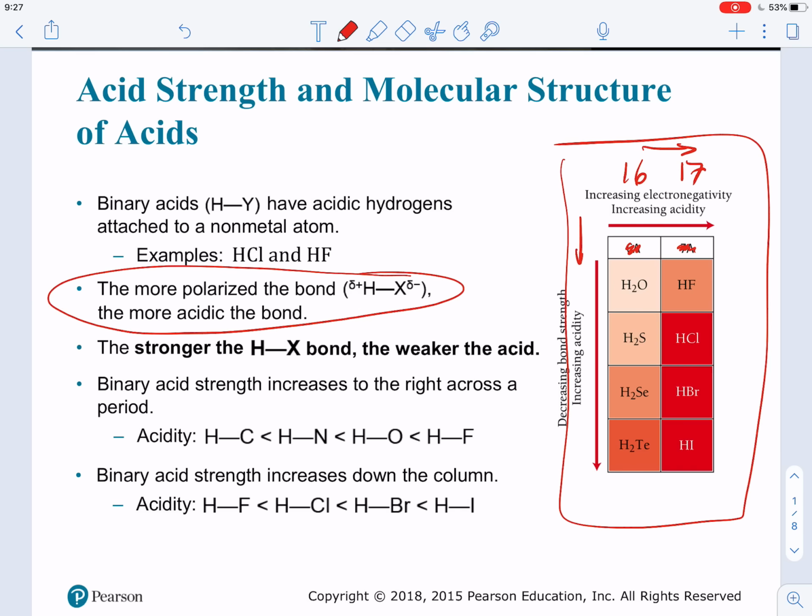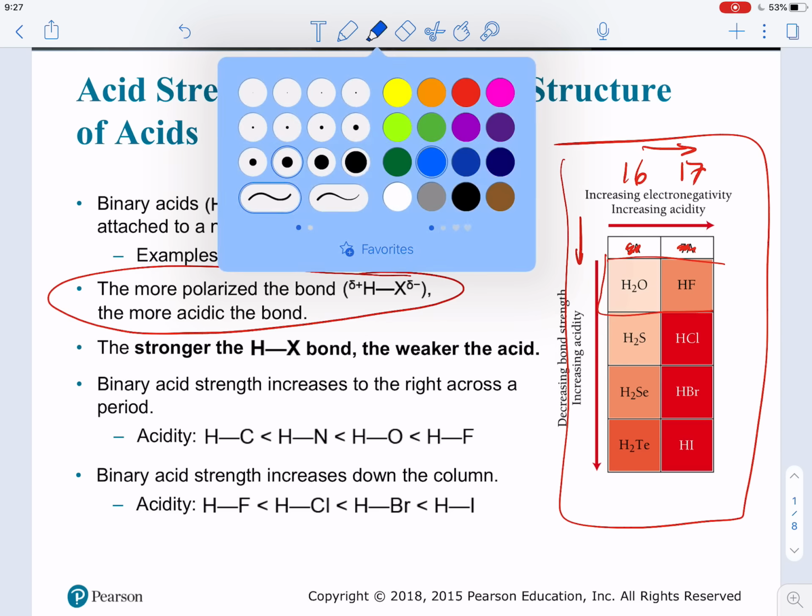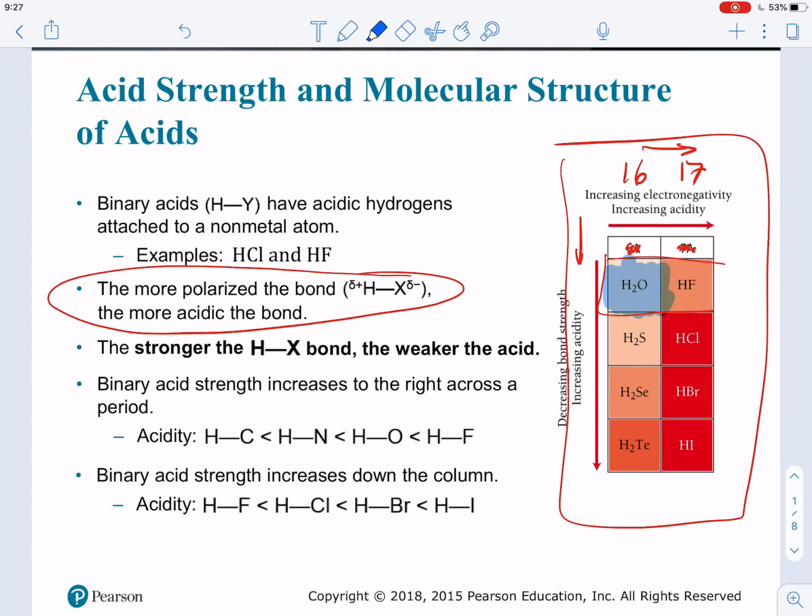A more polarized bond means there is a larger electronegativity difference between the non-metal and the hydrogen. So if you compare water and HF, in this case let's call it hydrofluoric acid, fluorine has a larger electronegativity than oxygen. Therefore, the bond in hydrofluoric acid is going to be more polarized than the bond in water, and therefore hydrofluoric acid is going to be a stronger acid than water.